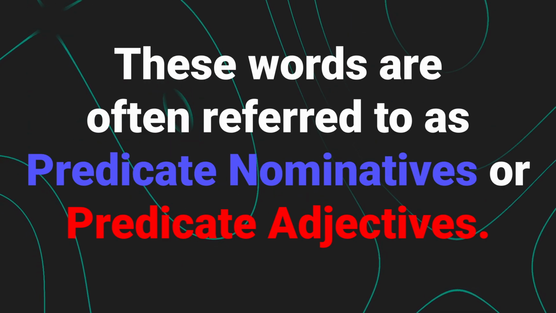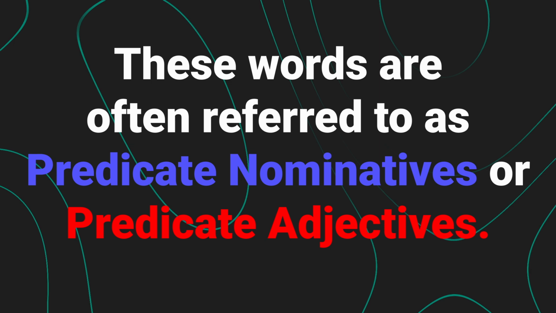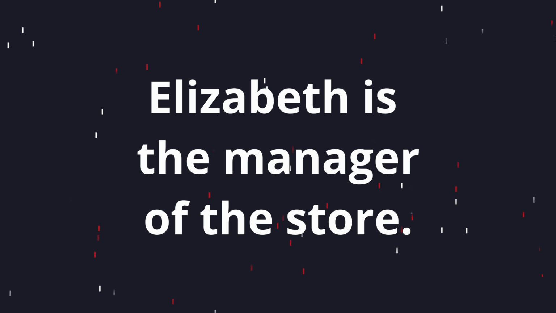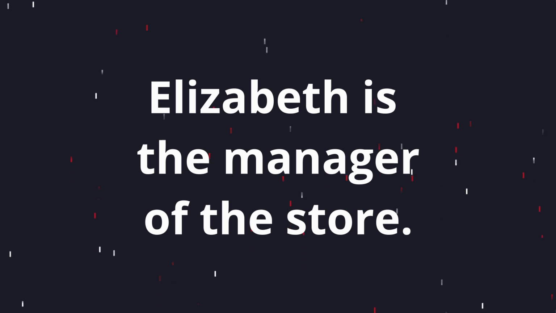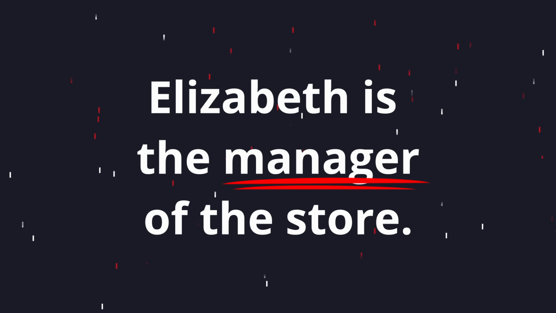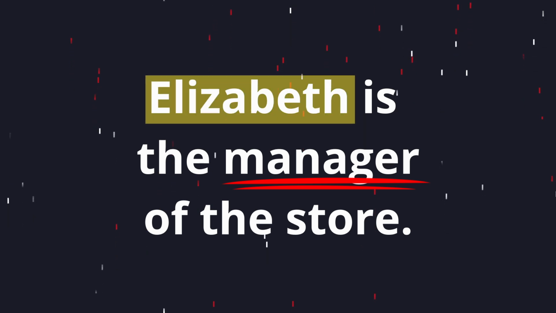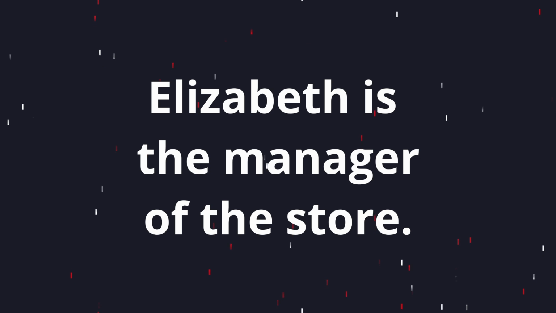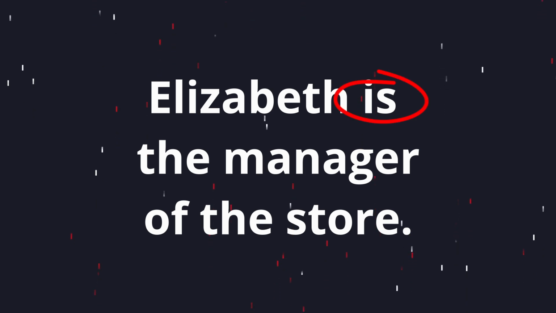These words are often referred to as predicate nominatives or predicate adjectives. For example, Elizabeth is the manager of the store. Manager renames the subject Elizabeth and therefore is a predicate nominative. So is in this sentence is a linking verb.